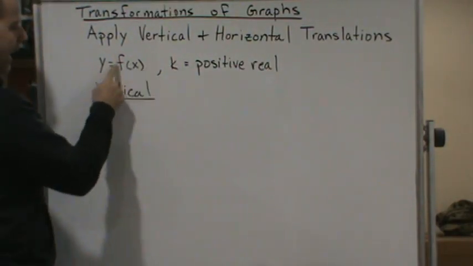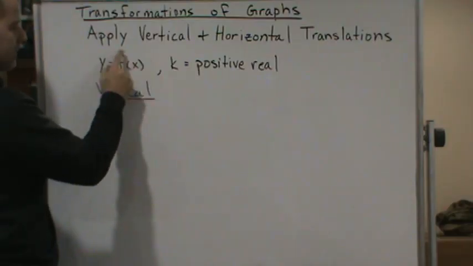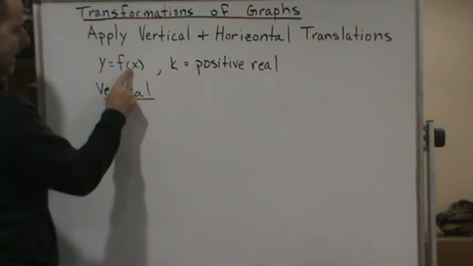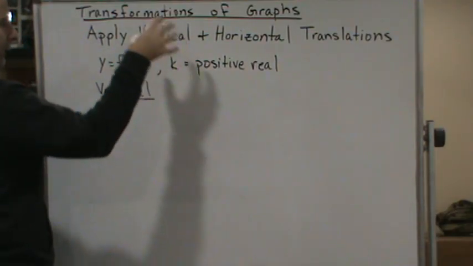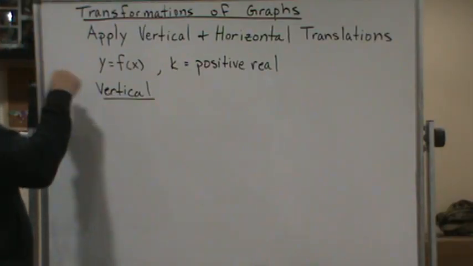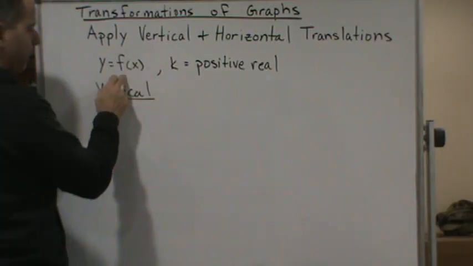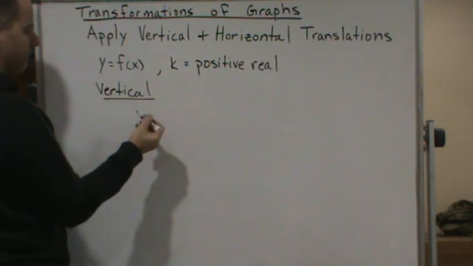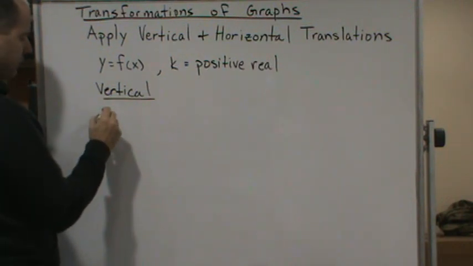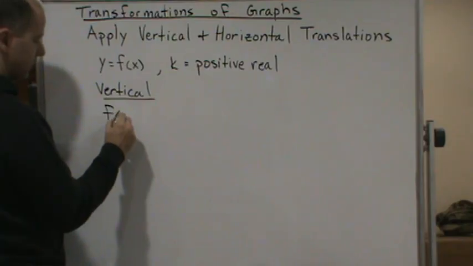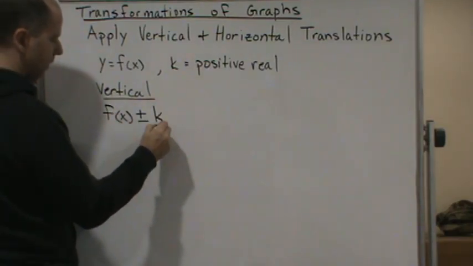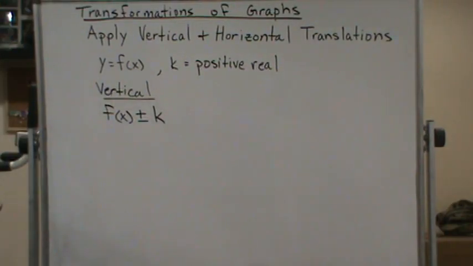If we're adding or subtracting something outside the function, outside the argument, remember, anything inside the parentheses goes into the argument, inside the function. But if we add or subtract outside the function, that's going to result in a vertical translation or shift. So it's going to look like this: we take f of x and add or subtract some positive real number.